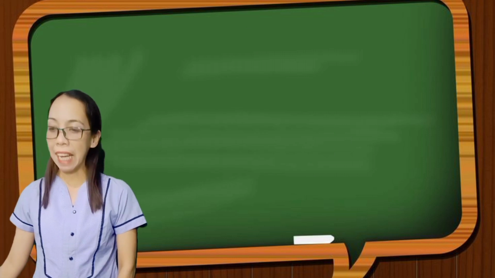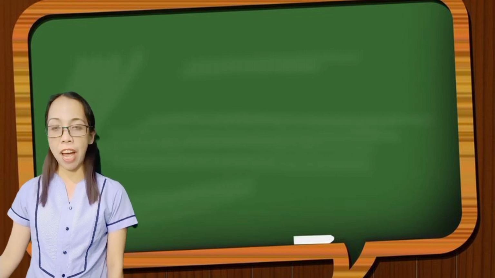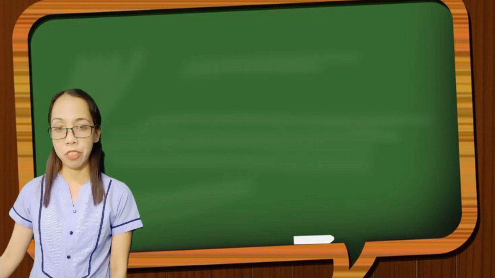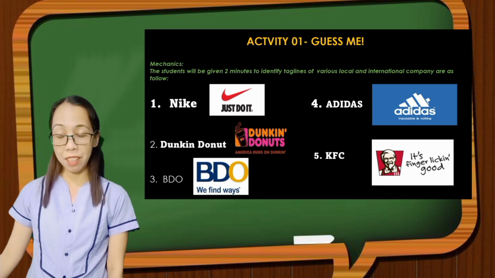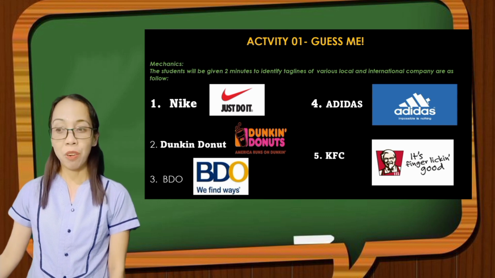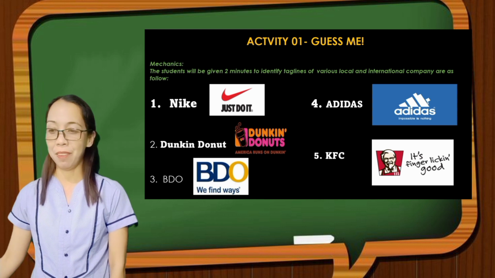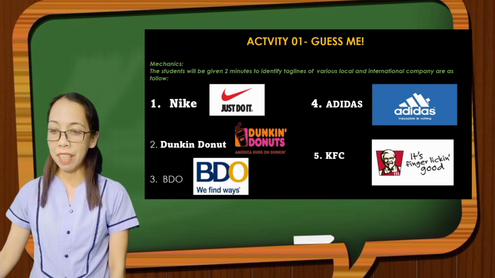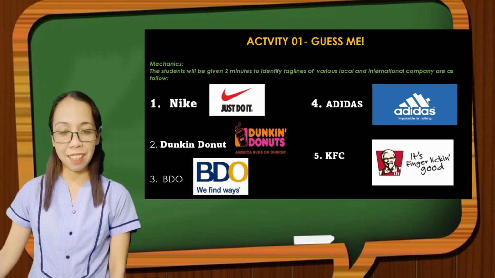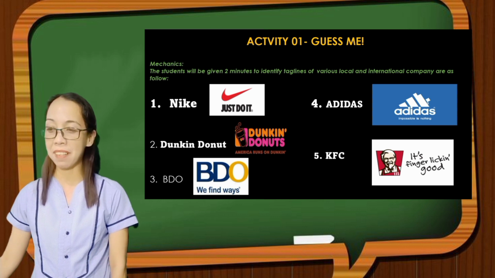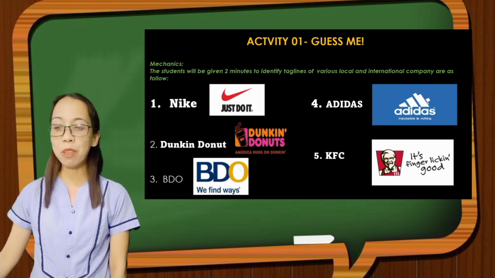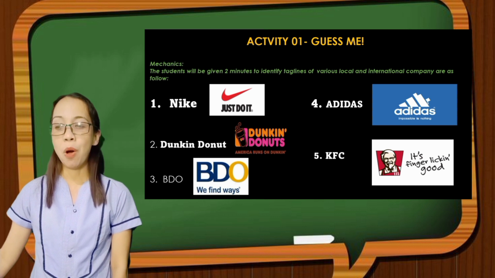Okay, so let's try to answer those 5 questions. Number 1 is "Just do it." That is correct. That is Nike. Next will be "America runs on Dunkin'." If your answer is Dunkin' Donuts, you are correct. What about number 3? "We find ways."